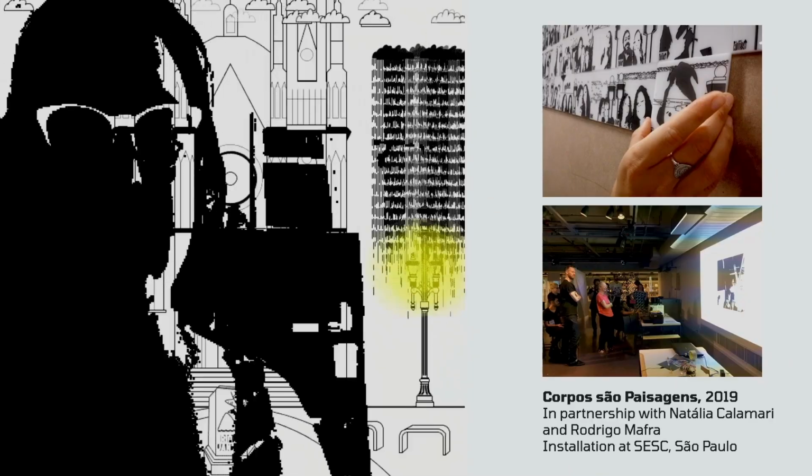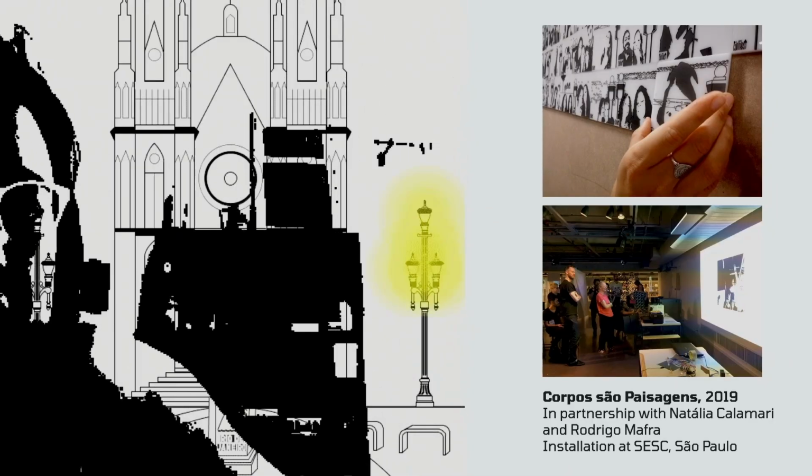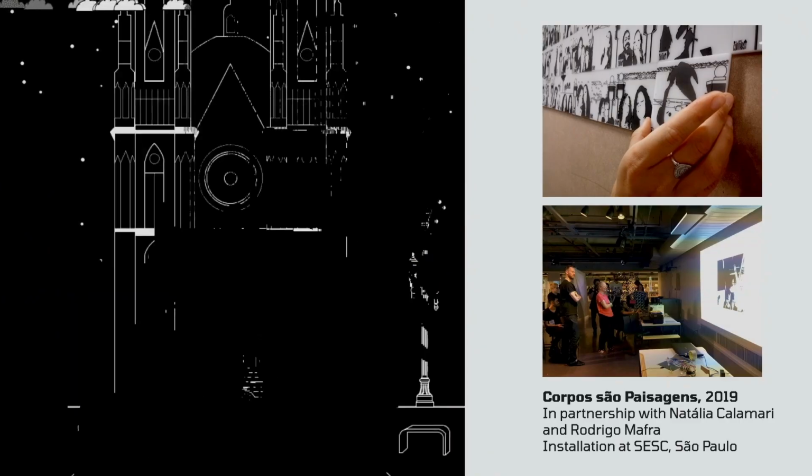This is Sé. It's a really important place in São Paulo. And once inside this digital environment, the visitor could play with, turn on and off lights, create rains, thunderstorms, as you can see in this side.